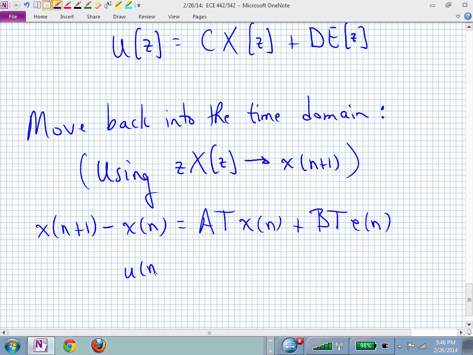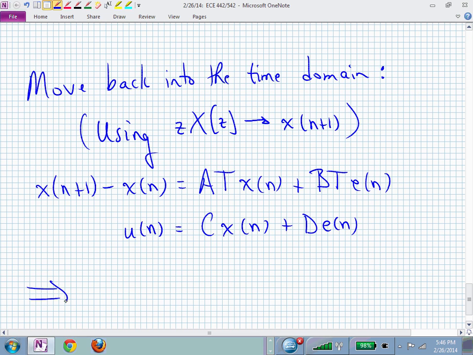That simply says that u of n is equal to C x of n plus D little e of n. And in the discrete time, what we want is x at time n plus 1 equaling the right-hand side, and on the right-hand side we want something scaling x of n plus something scaling the input. And here the input is e of n.